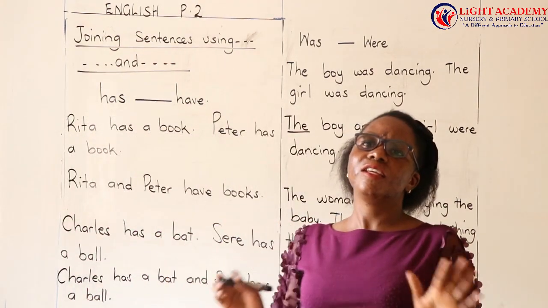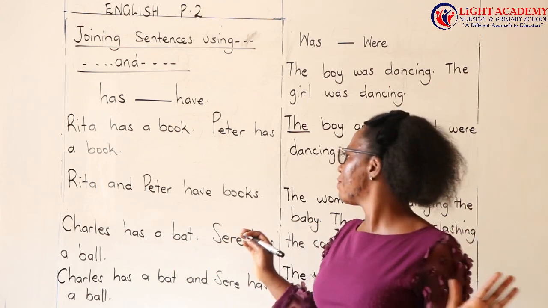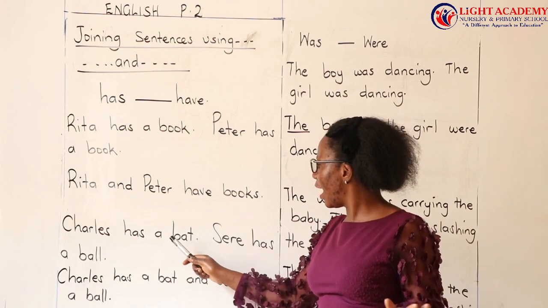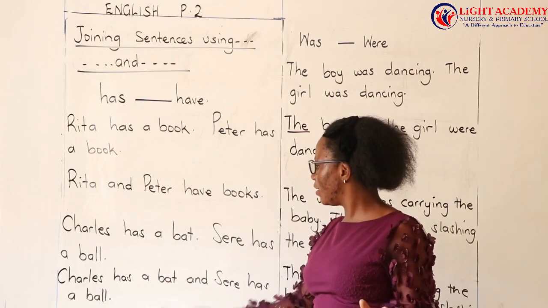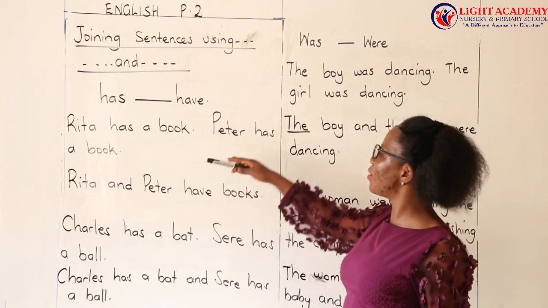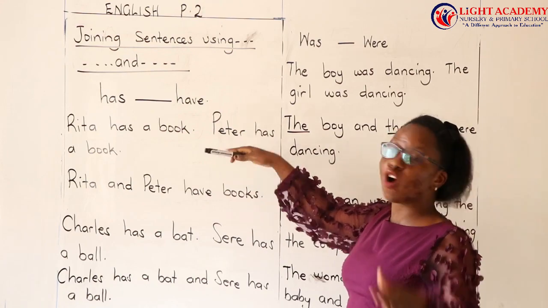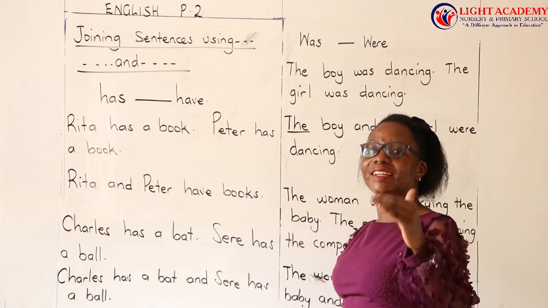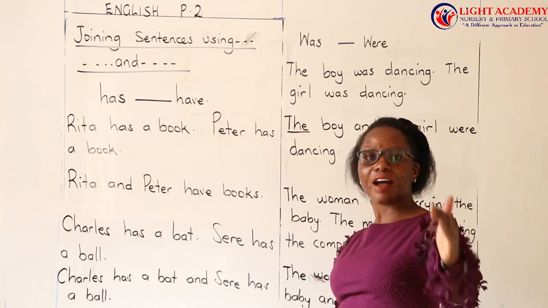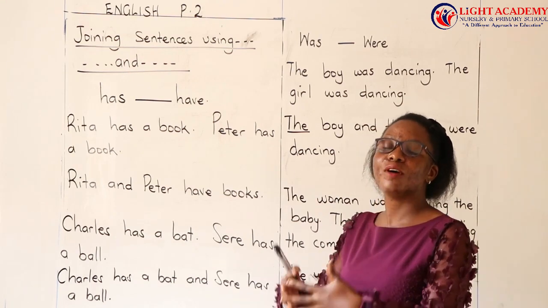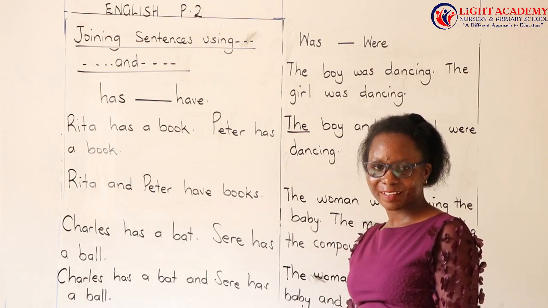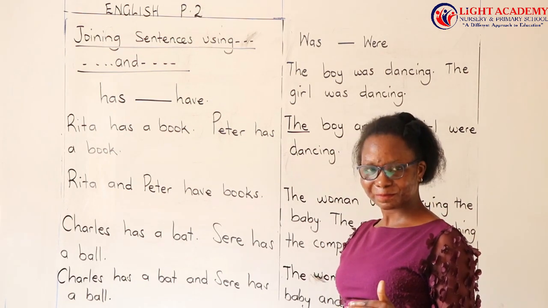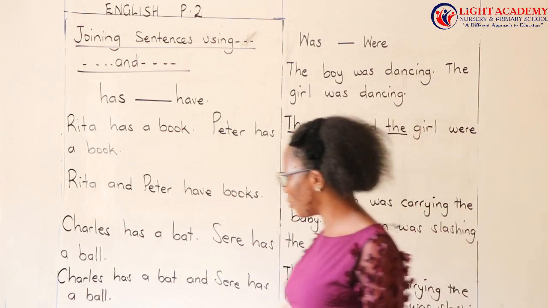Don't add anything, don't subtract anything, because they have different items. This one has a bat, this one has a ball. But when it comes to the first example, they all had books. So the has automatically has to change into have because it has now become plural. I hope we are following. I hope we are moving together.